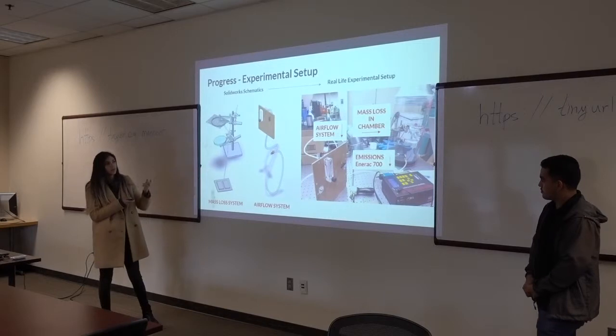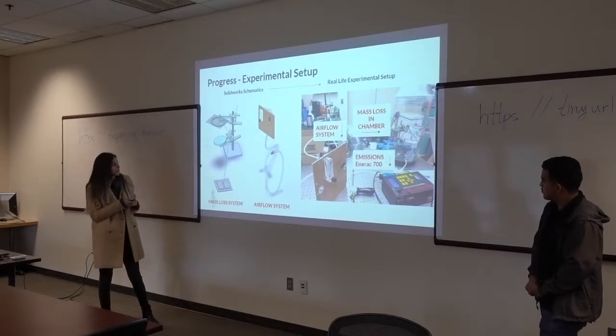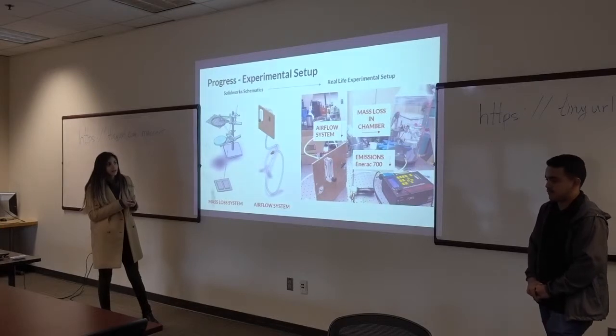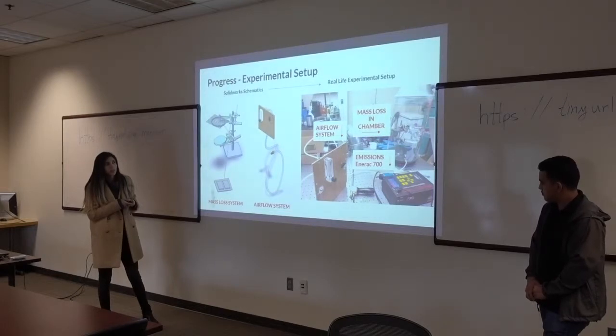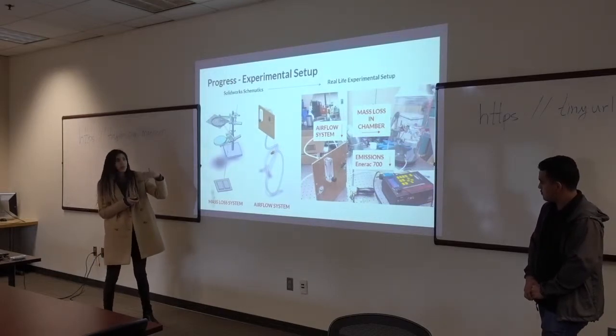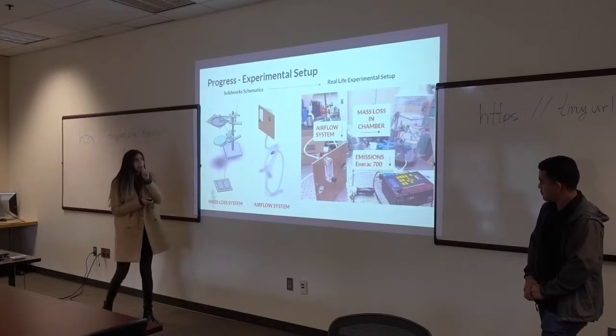This is the mass loss system with the gel ethanol on it, and the airflow system is connected through piping right there. The NRAC emissions probe will be placed on top of the combustion chamber to provide data for analysis.